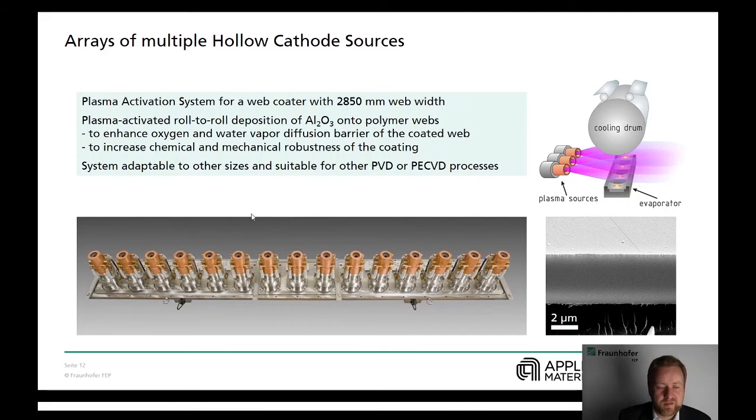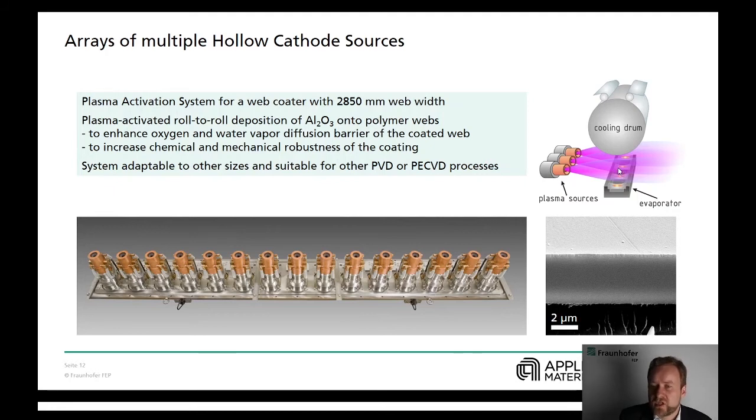In my last configuration, I would like to show this hollow-cathode array, which we have produced and developed for a web coater, where polymer webs with a width of almost 3 meters are coated with alumina by plasma-activated PVD. So we have evaporators which evaporate aluminum.